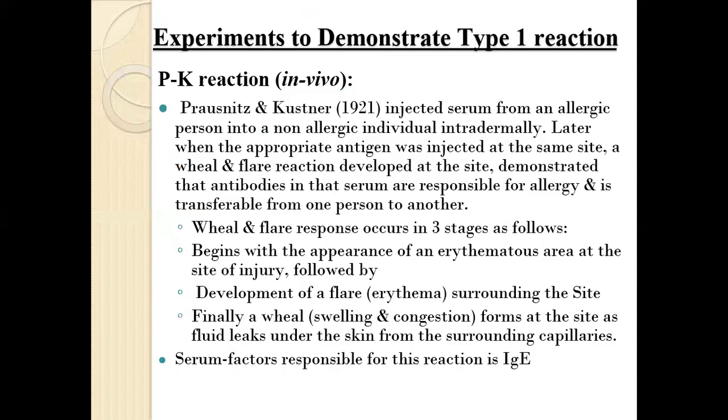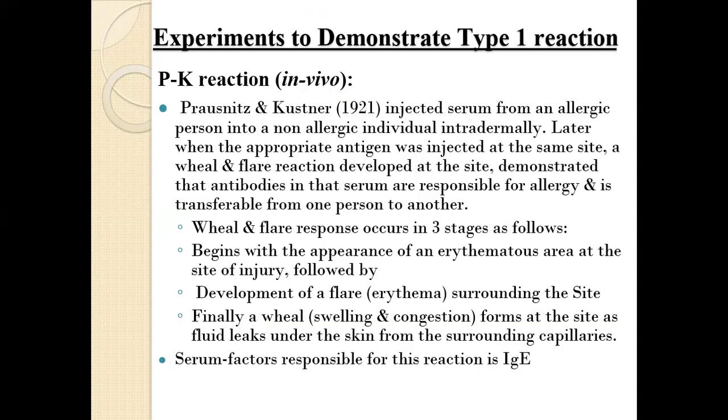So next, certain experiments are there in early days to demonstrate type 1 reaction. One such experiment that we have conducted in vivo is the PK reaction, that is Prausnitz-Kustner reaction.